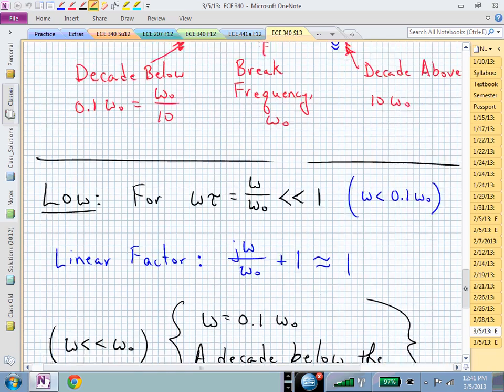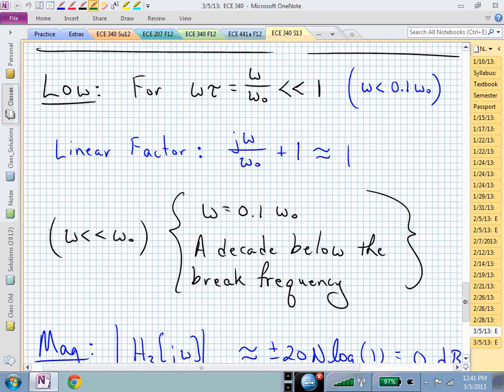If we now said, let's look at the low end. Remember what our linear factor looked like. It looked like j omega over omega naught plus 1. If we're saying that this omega over omega naught, which is also omega tau if you write it in terms of the time constant, is low, that's really saying that this complex piece is much smaller than 1.